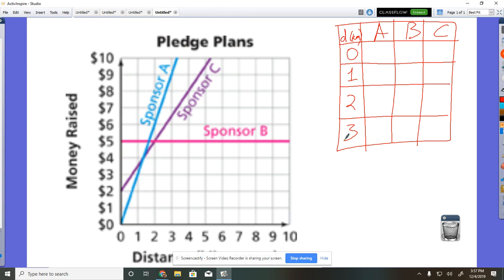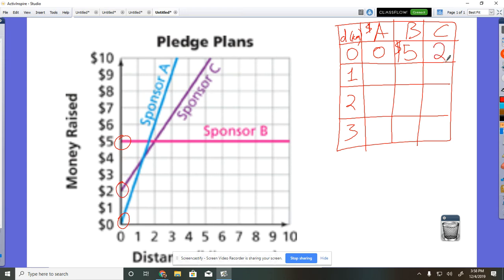So let's first take a look at sponsor A. Looking at sponsor A at 0, sponsor A is donating $0. We learned in class that what happens at 0 is very important for the equation, so that's why we're starting off at 0 here. Sponsor B starts at $5, and then sponsor C starts at $2.